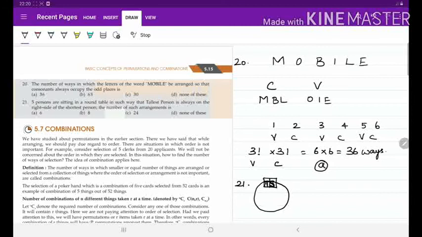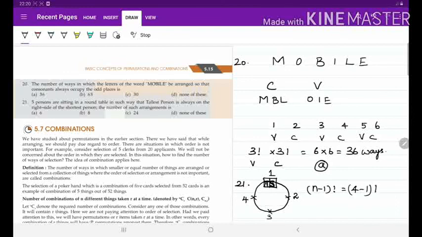Let us consider this set as a single group having the tallest and the shortest together, and the other 3 positions occupied by the other 3 persons, each considered as a single group. So altogether we have 4 groups. In circular permutation, we know that the formula is (n minus 1) factorial.